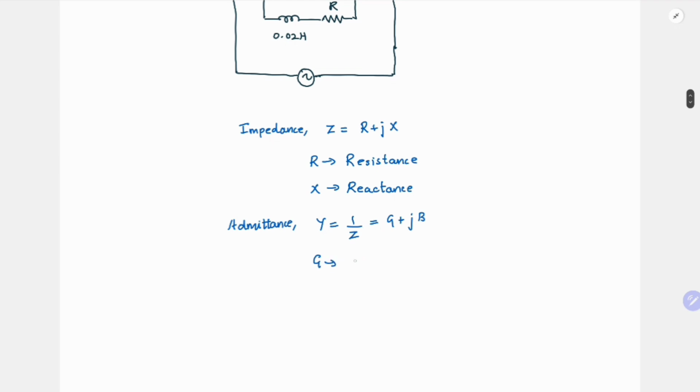The real part is called conductance and the imaginary part is called susceptance.